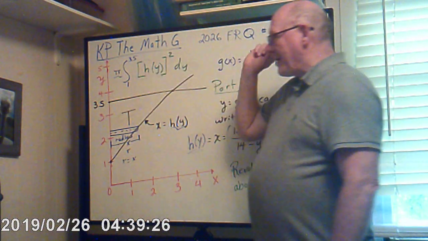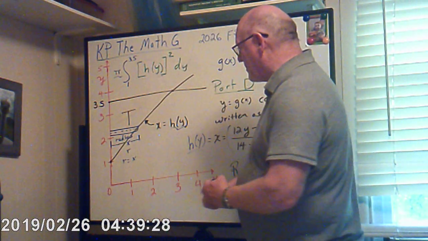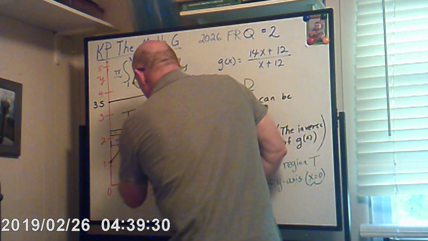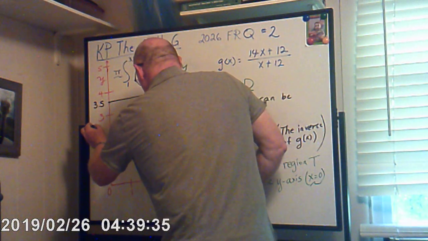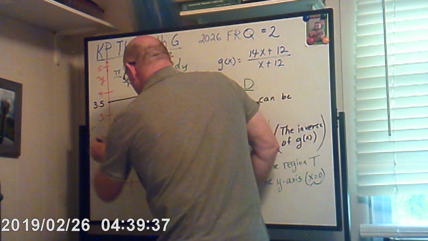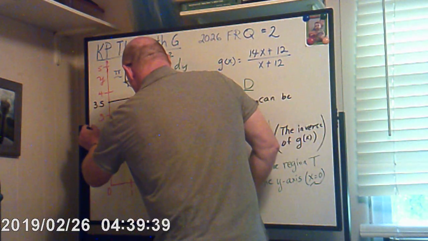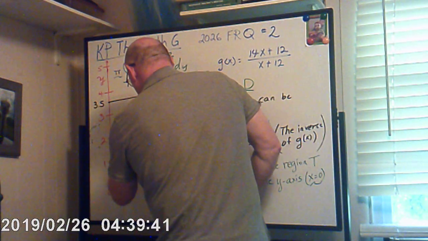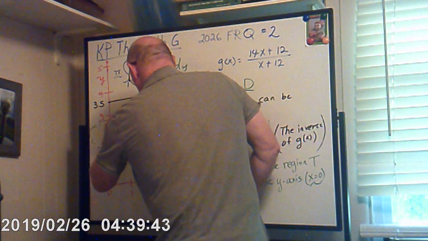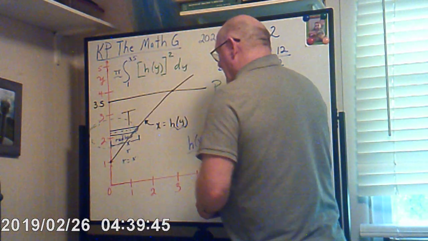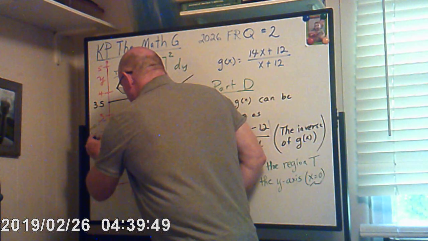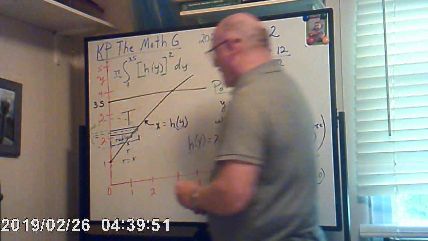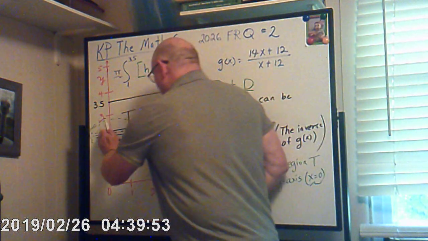Pi r squared. You're going in a circular motion here, and it goes all the way around. What it's doing is going around, so this part is going back in behind here. Like that. That's what it's doing.